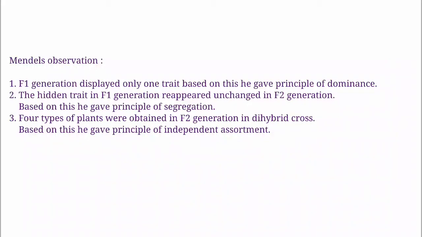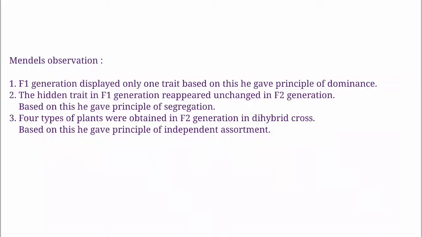That is round and yellow seeds, round and green, wrinkled and green, wrinkled and yellow. Okay? So this was the third. 4 types of plants were obtained in F2 generation in dihybrid cross. Based on this, he gave principle of independent assortment.